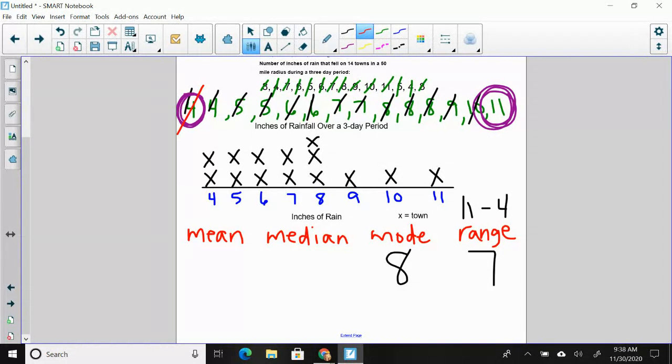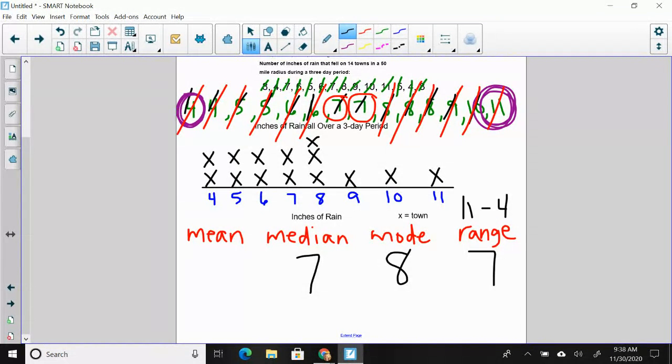I'm going to work my way towards the center by taking one off each end until I'm left with 2 numbers in the middle. And those 2 numbers end up both being 7. So therefore, our median is just going to be 7. Okay? So our median is 7.